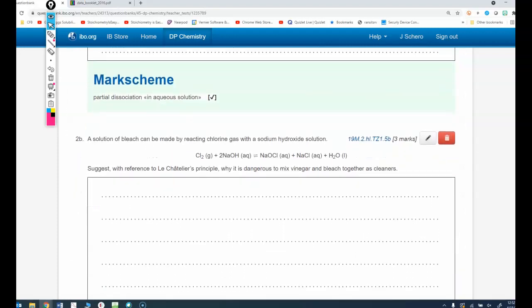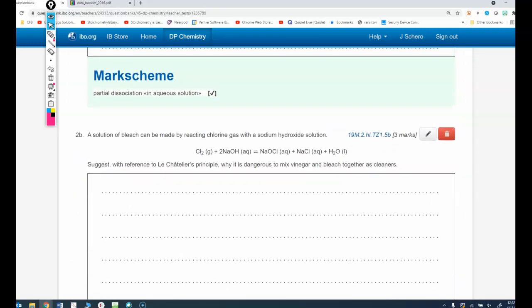Suggest with reference to Le Chatelier's principle why it is dangerous to mix vinegar and bleach together as cleaners. Okay, so if this is our equilibrium equation right here, then what we want to do is recognize that if vinegar is used, then the bleach can react by releasing chlorine gas. And I'm questioning myself.